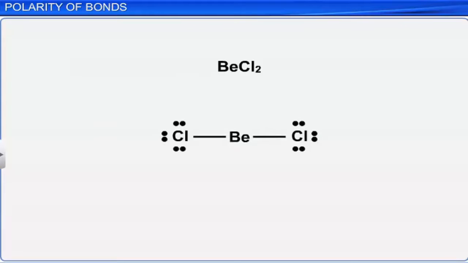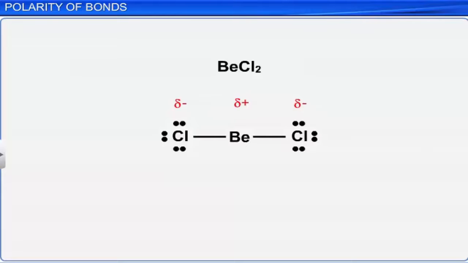Consider the beryllium chloride molecule. It is a linear molecule with a bond angle of 180 degrees. In the beryllium chloride molecule, two beryllium chlorine bonds are present in opposite directions. As chlorine is more electronegative, the shared electron pair moves closer to chlorine, so that it acquires a partial negative charge while beryllium acquires a partial positive charge.